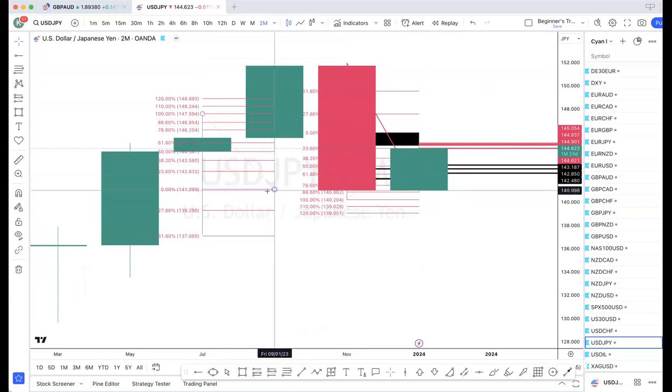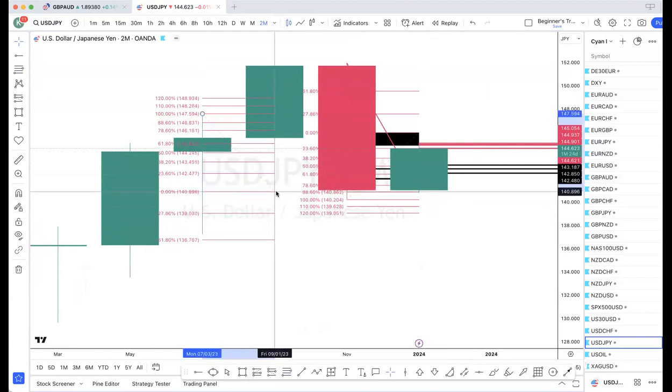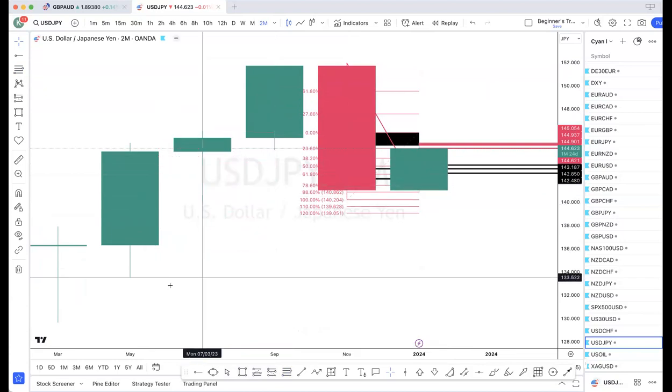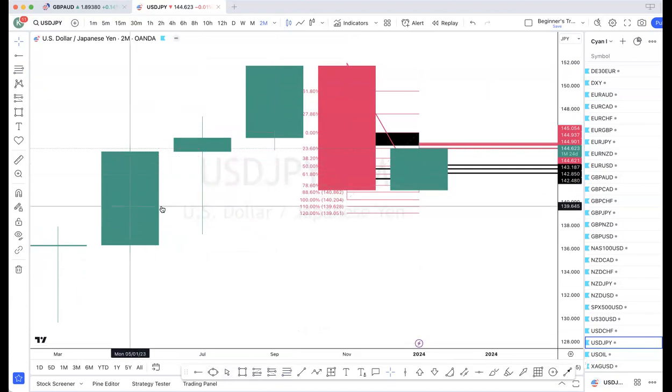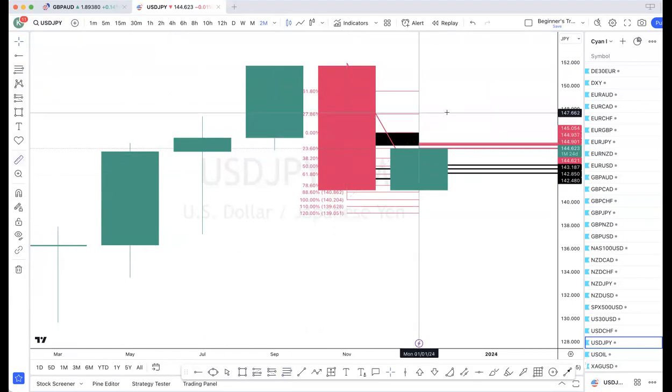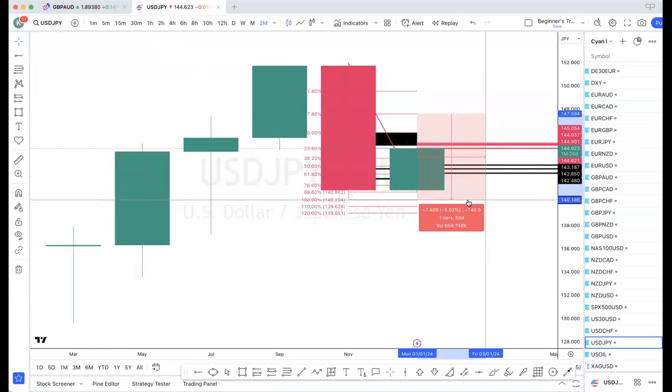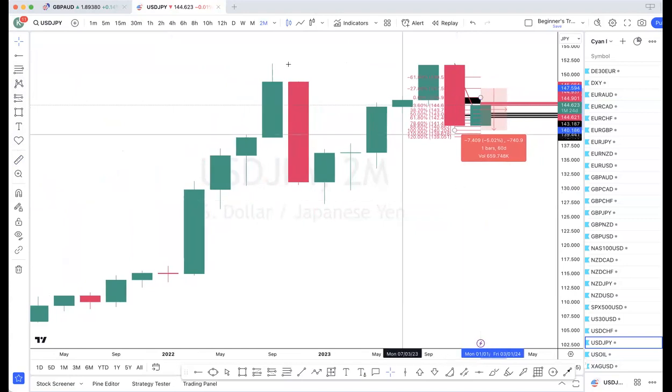Negative 27 down to the wick, yeah, that's 737. And it's going further. This is a bearish 2 month candle, but it's going to push further. But you're guaranteed to get that back to the wick.